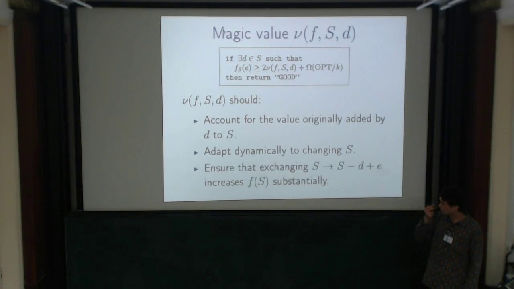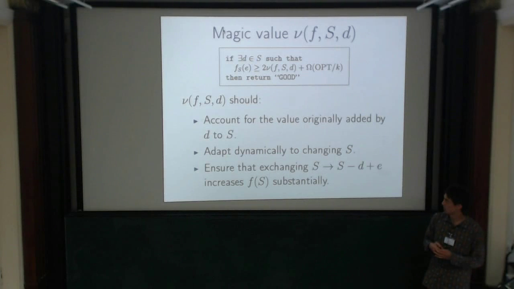And at a high level, I really want to ensure that when I make this exchange, I take a sizable step on f of S. The reason is I also want to limit the number of times I take elements out of the buffer so I can use Buchbinder et al.'s very nice lemma. If I'm always taking steps in proportion to opt over k, at some point I'm going to hit opt, and I can't take so many elements out of the buffer.